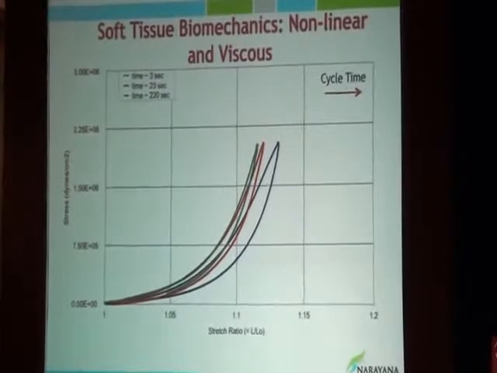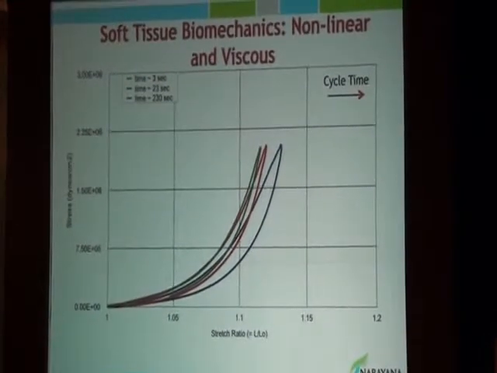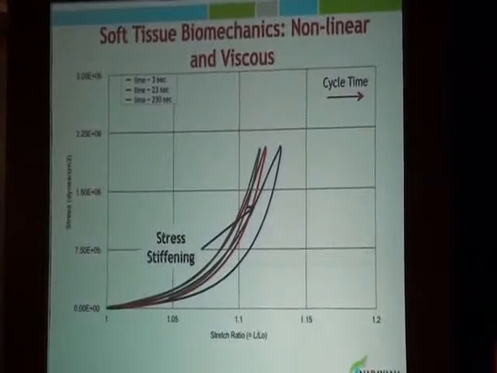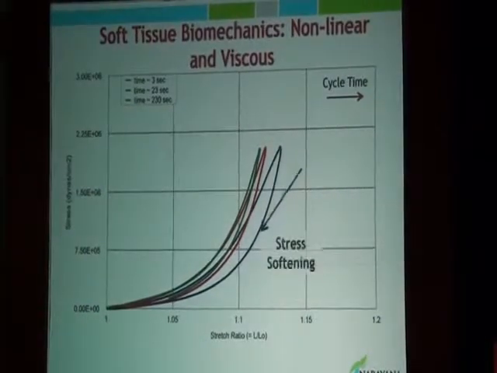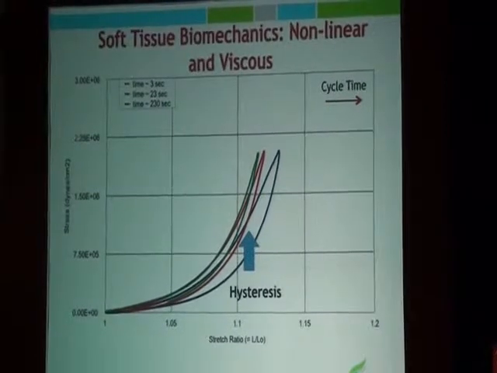And the time it takes to stretch and come back to the normal position is actually what the hysteresis is, the area between the two curves. And so that space there is actually the hysteresis.